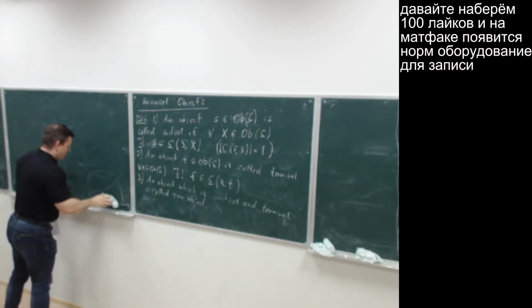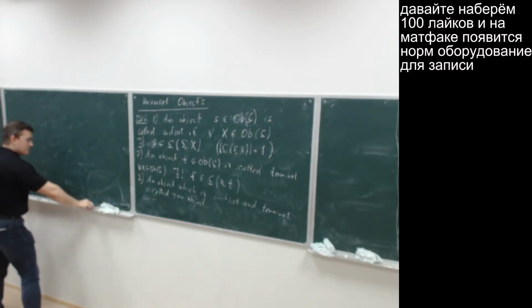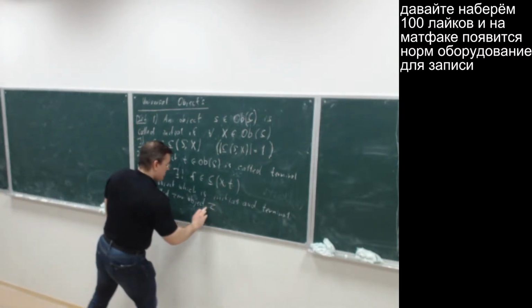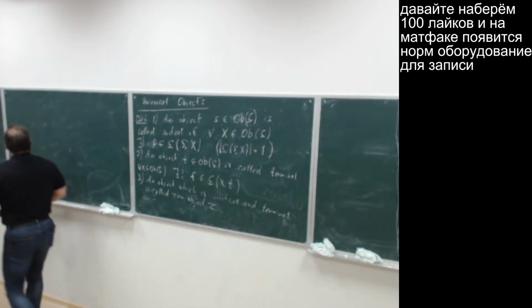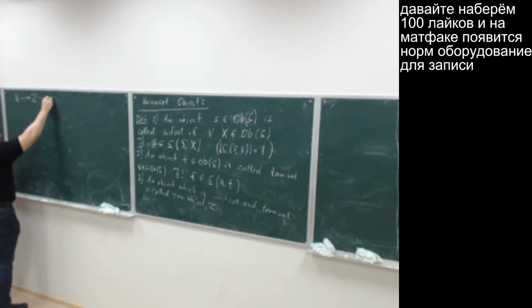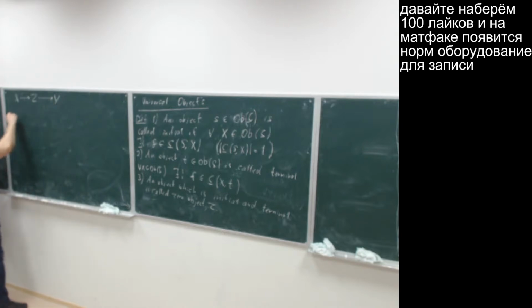And since we have a zero object, let's call this object Z. We can introduce the notion of the zero map. If you take two objects, map the first to the zero object, and then from the zero object to the second, this map is called the zero map.